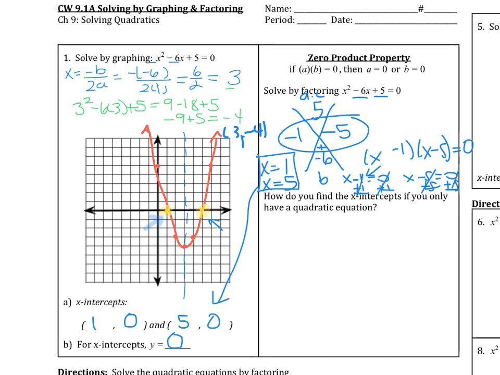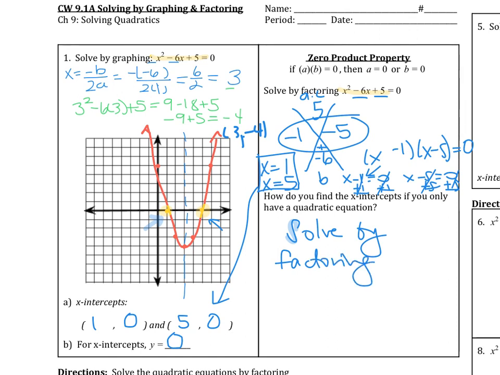So we solved x squared minus 6x plus 5 by graphing, and then we solved by factoring. So how do you find the x-intercepts if you only have a quadratic equation? Well, you can solve by factoring, okay?